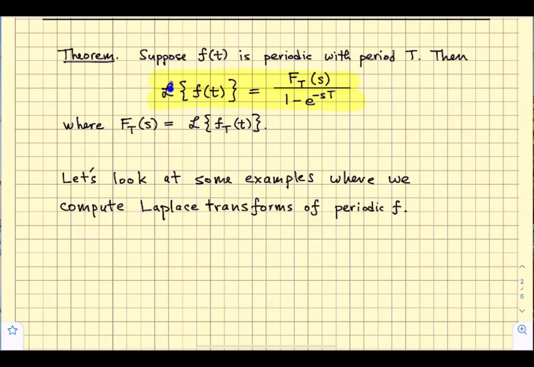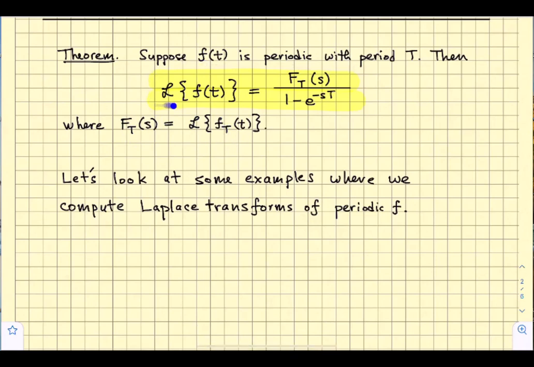Then the Laplace transform of the full-blown periodic function is the Laplace transform of the windowed version divided by 1 minus e to the minus s times capital T. So that's what that notation means. Here, big F sub capital T means the Laplace transform of the windowed version of little f.